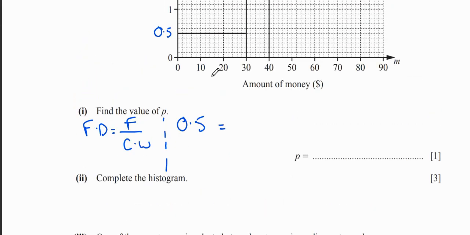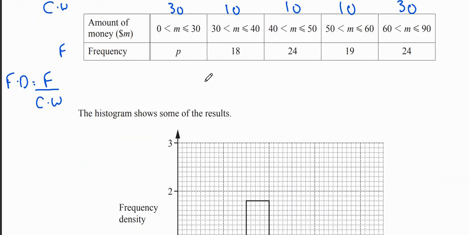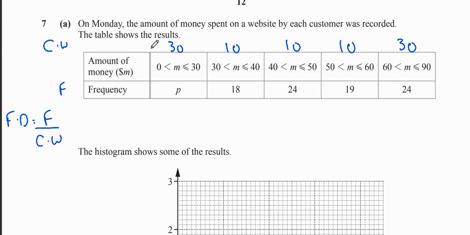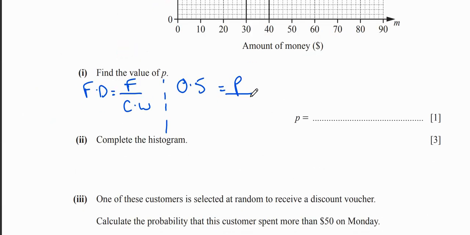Frequency, we do not know the value of frequency, it is actually P. So we just write P upon class width, which is how much? Class width is 30, so just write 30. So P is equal to 0.5 multiplied by 30. P is equal to 15. So that's how you guys will get the value of P.